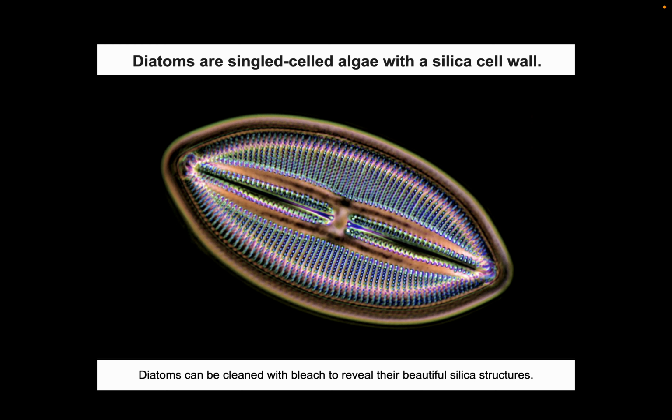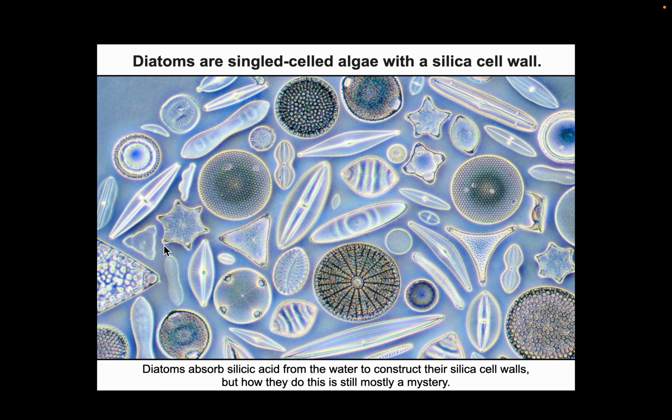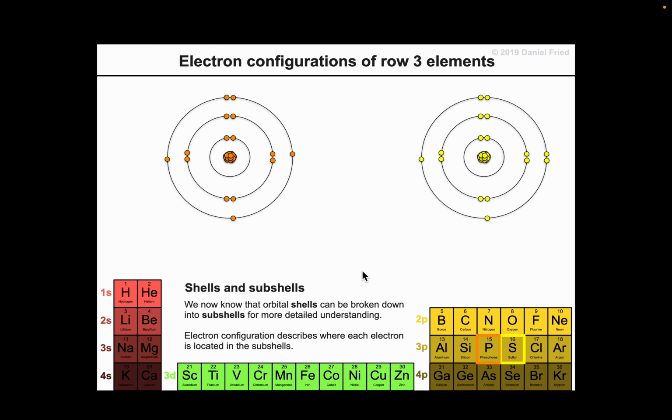You can actually use a normal microscope, wash the sample, and view diatoms under the microscope. Diatoms absorb silicic acid from the water to construct the silica cell walls, but how they do this is still mostly a mystery for now.